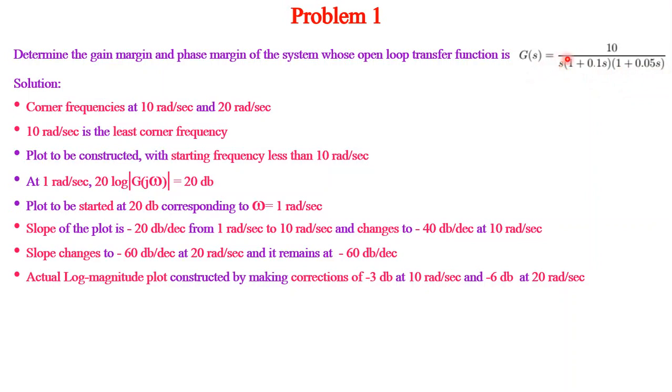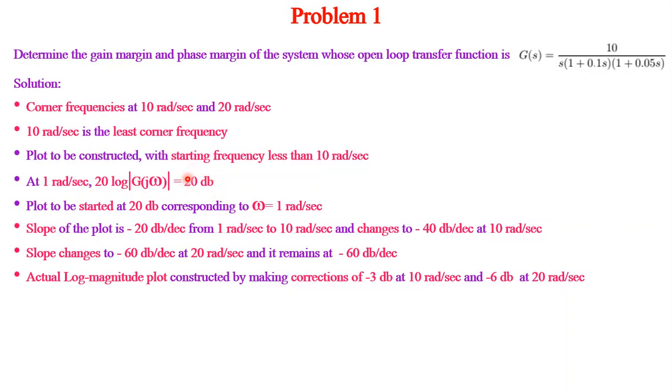The only factor which is going to affect the magnitude at 1 radian per second is this 10. 20 log 10 is 20 dB. Therefore, we have to start the log magnitude plot at 1 radian per second with a magnitude of 20 dB.